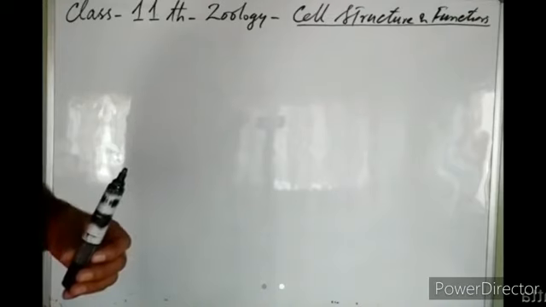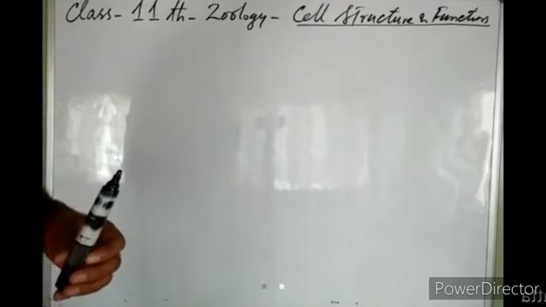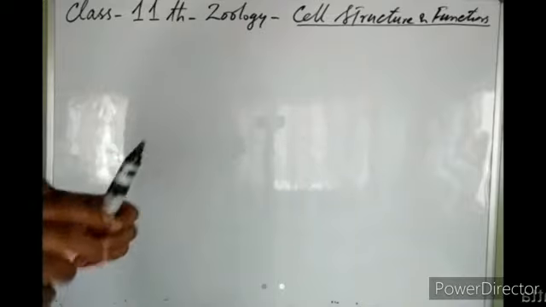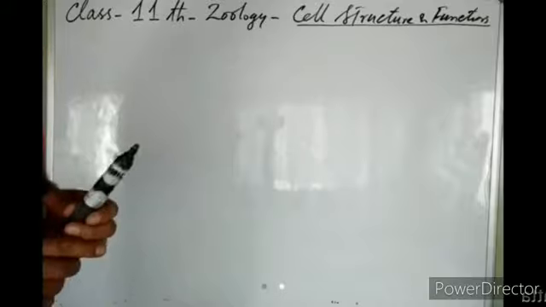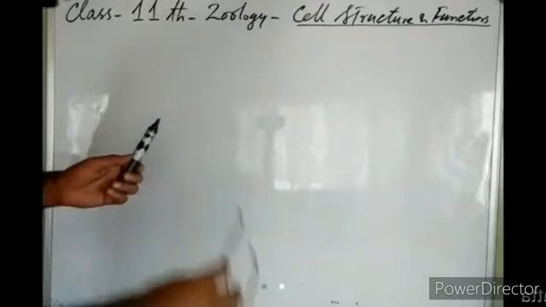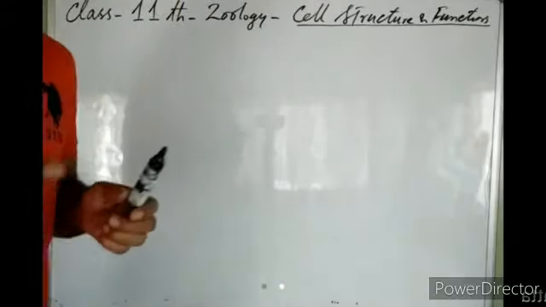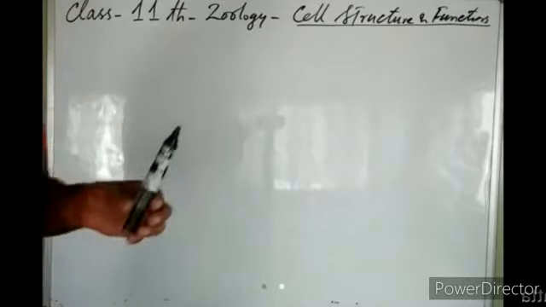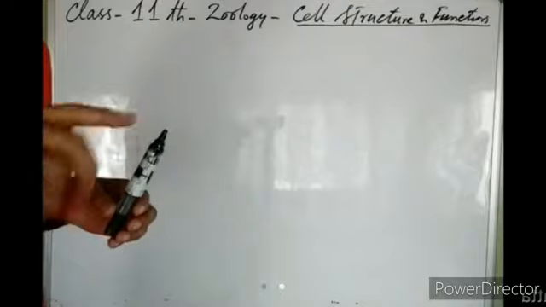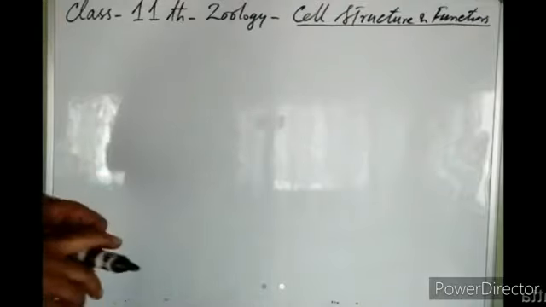If it has two flagella at two opposite poles, we call it amphitrichous. If it has a group of flagella at one end, we call it cephalotrichous. If it has two groups of flagella at two opposite poles, we call it lophotrichous. And if it is surrounded all around by flagella, we call it peritrichous.